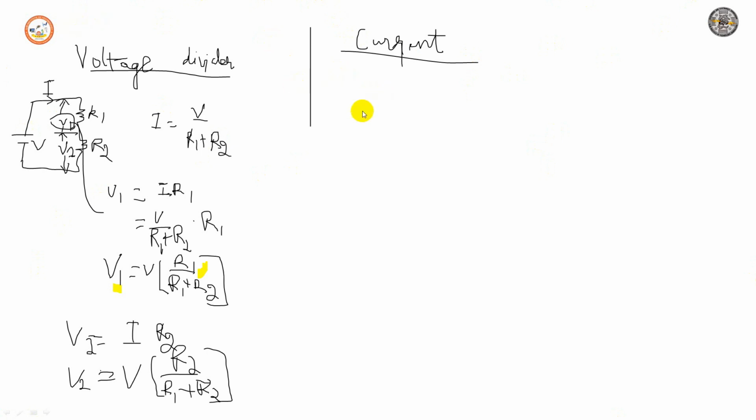So for current divider rule, let us consider a circuit which is in parallel. Let this be R1 and this be R2. The current flowing in this circuit is, let me say, I. The current flowing through this resistor is I1 and the current flowing in this resistor is I2.